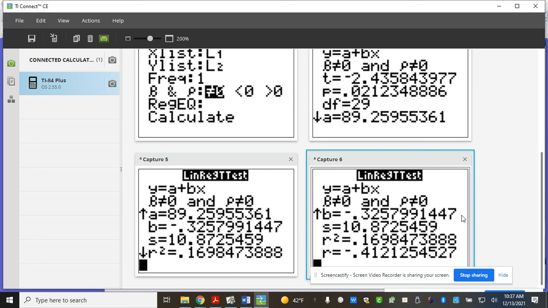No. It talks about how wrong we were with our guess, which gives us our residuals. So S is the standard deviation of your residuals. But this is why I choose not to go to just LinReg 8, because it's going to give me everything I need plus that if I go ahead and run the test.